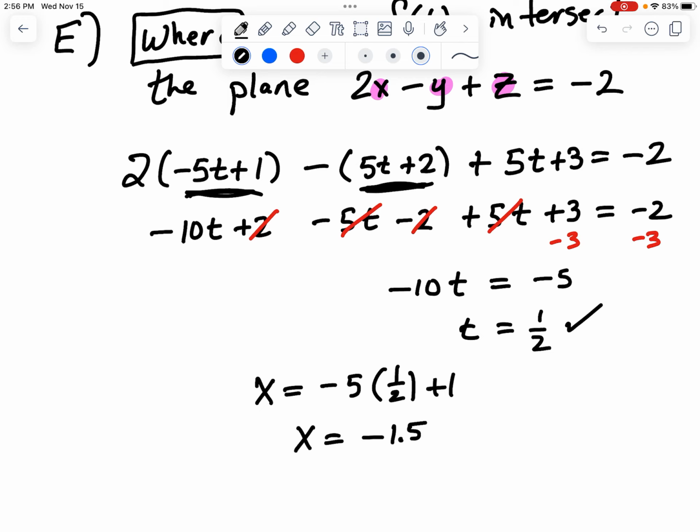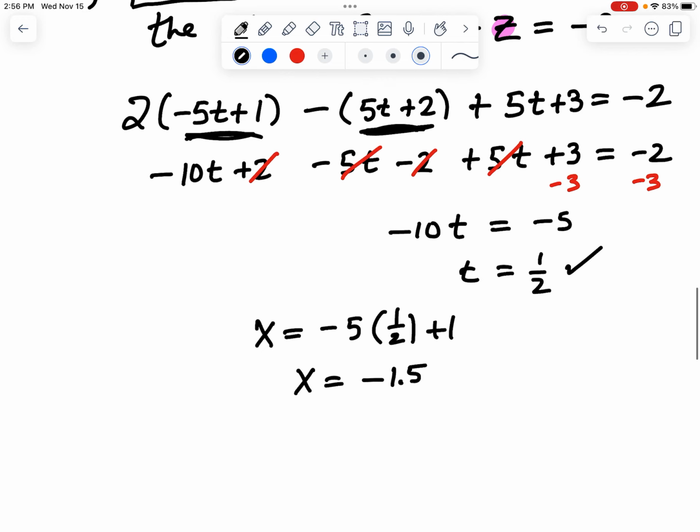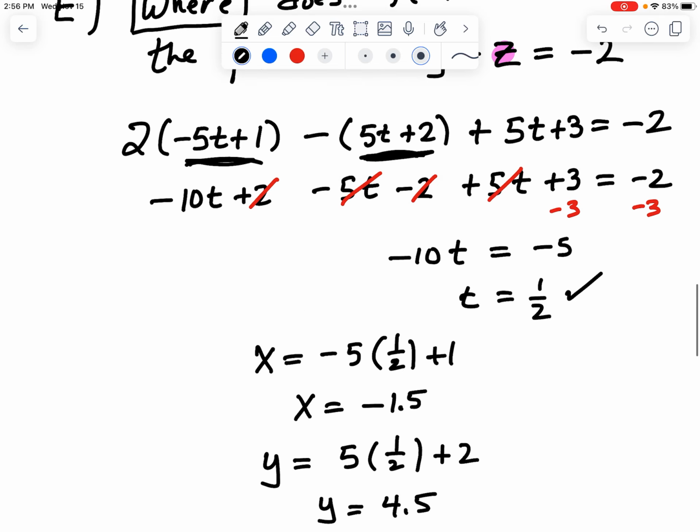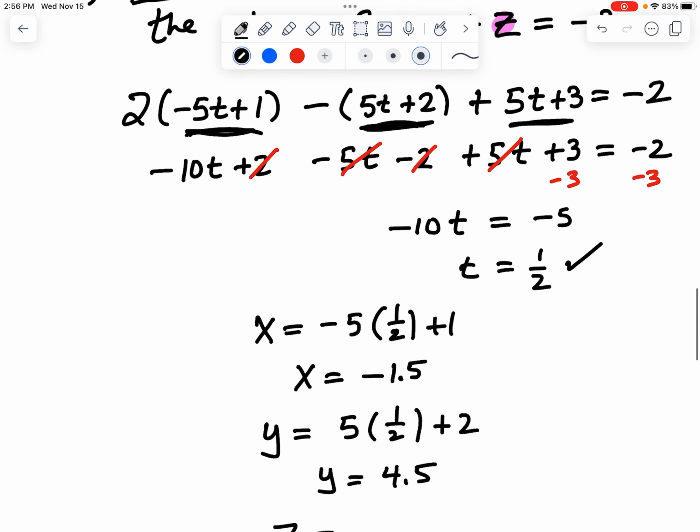And then this is the y component. So y will equal 5 times 1/2 plus 2. And so that is 2.5 plus 2, which is 4.5. And then z is equal to, so I need this one's component, 5t plus 3.